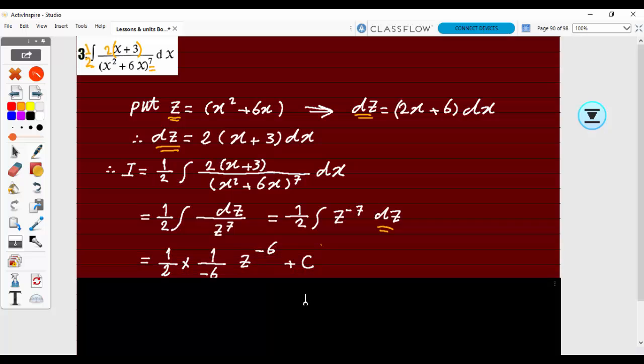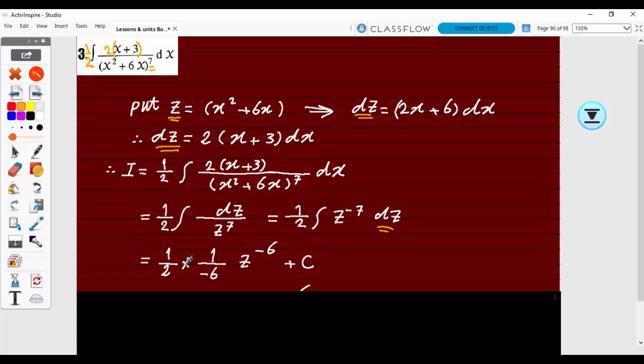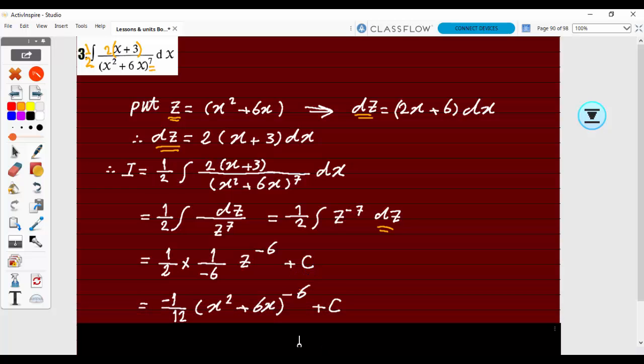So we make the integration. We have half multiplied by z to the power negative 6 divided by negative 6 plus c, since adding 1 to the power negative 7 gives negative 6. And this is the final form. 1 over 2 multiplied by 1 over negative 6 equals negative 1 over 12.